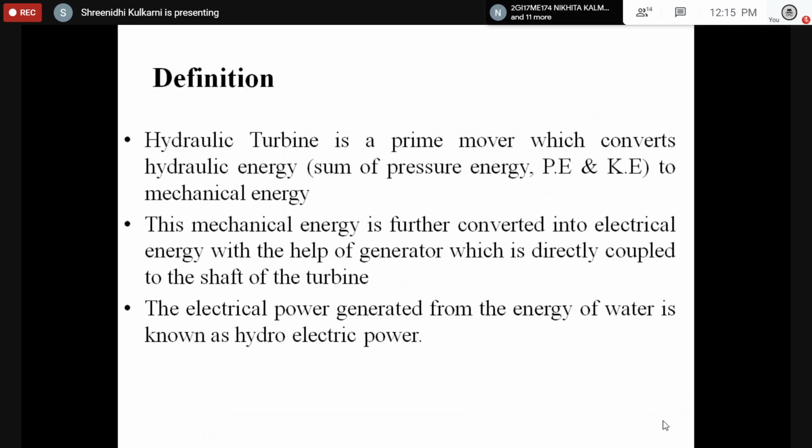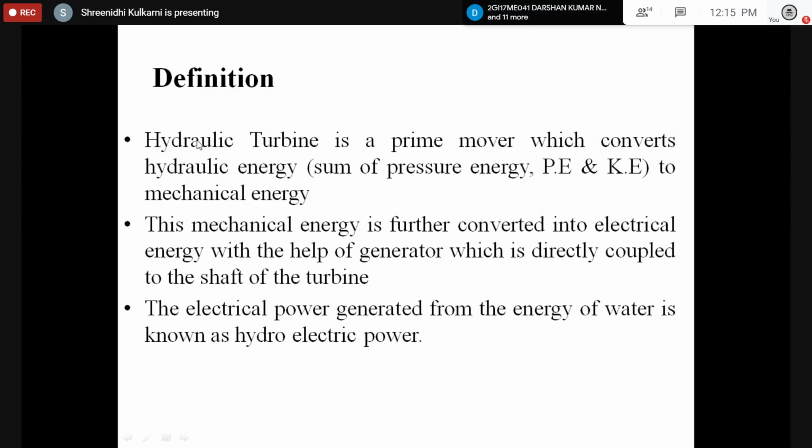hydraulic turbines are the machines which convert the energy possessed by water, that is potential energy and kinetic energy, into mechanical energy. We can call the hydraulic turbine a prime mover, because hydraulic is nothing but water.